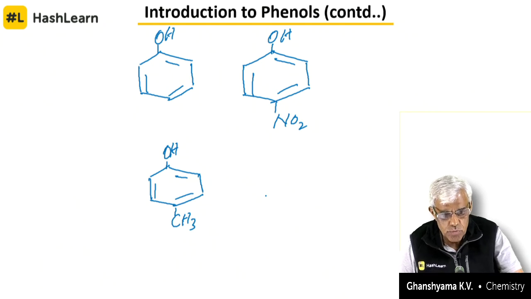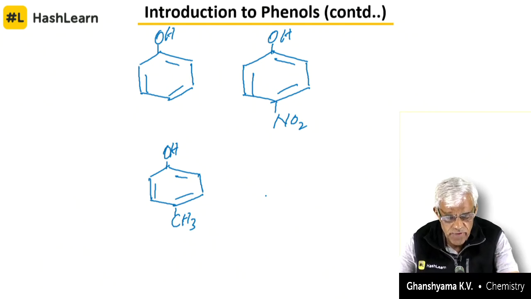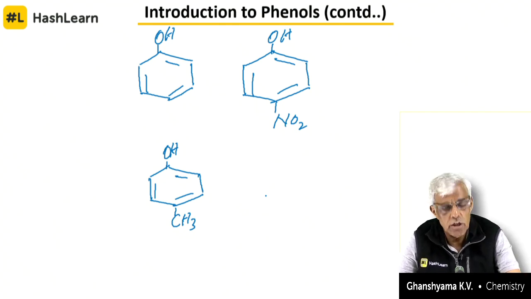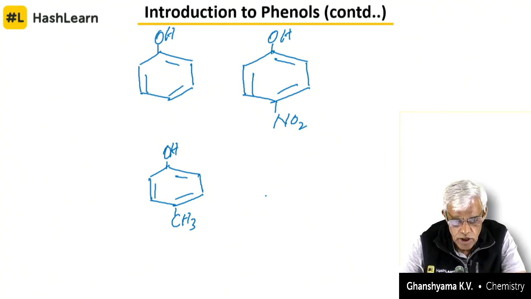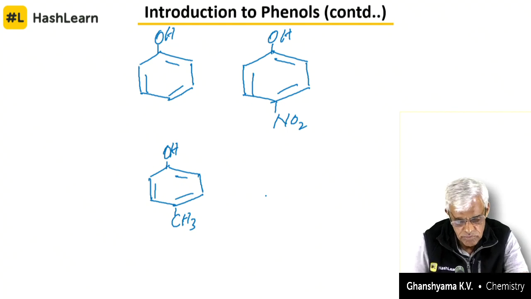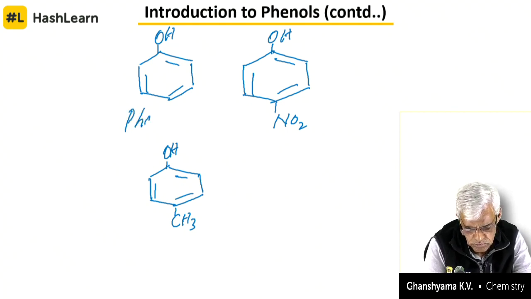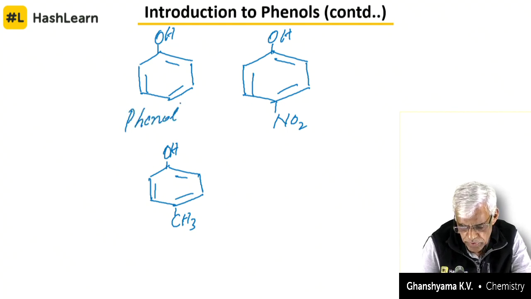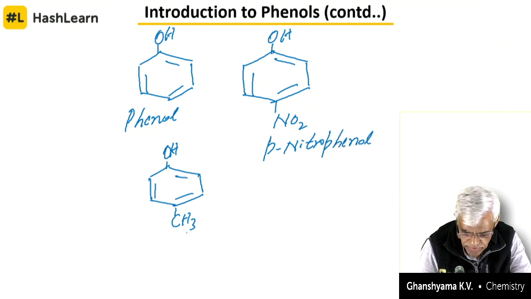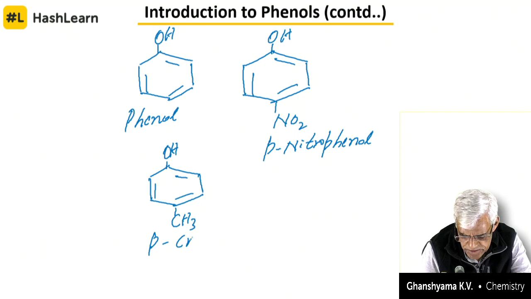I have written 3 different compounds containing OH group, monohydric phenols: phenol, para-nitrophenol and para-cresol.